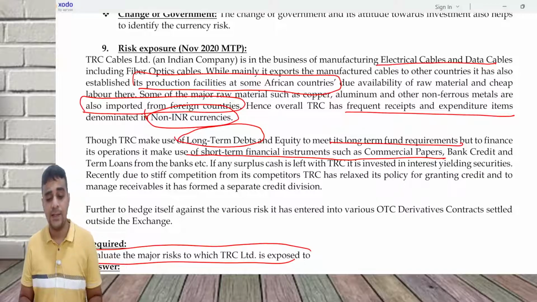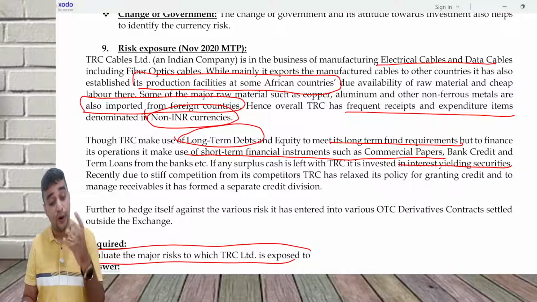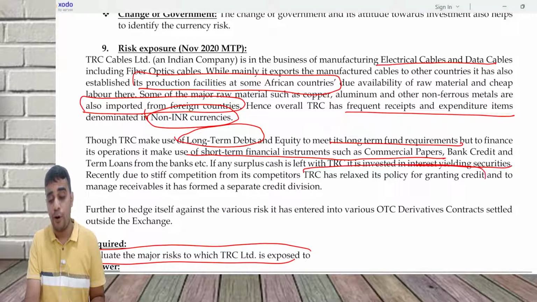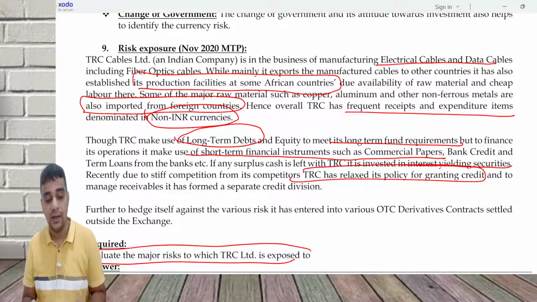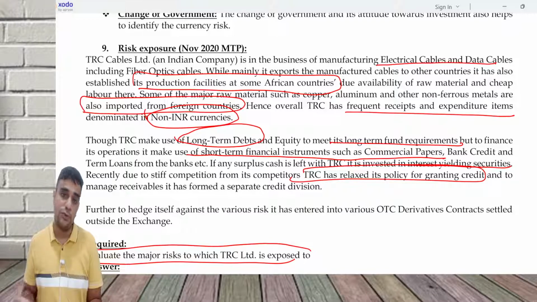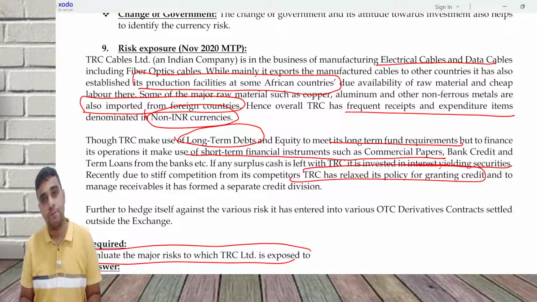If any surplus cash is left, it invests in interest yielding securities. Recently, due to stiff competition from its competitors, it has relaxed its policy for granting credit. If you start giving higher credit, you will also expose yourself to counterparty risk. So we are also exposed to counterparty risk.